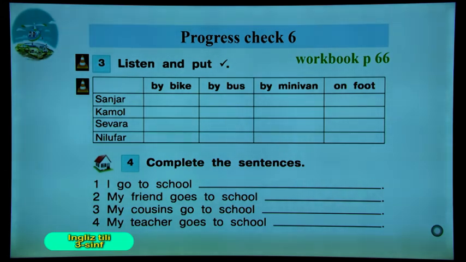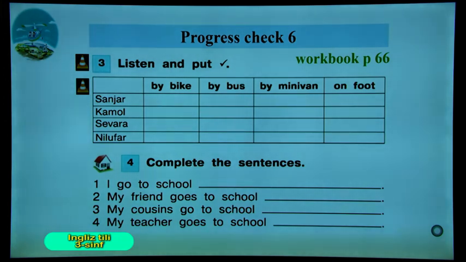Sanjar goes to school on foot. Nilufar goes to school by bike. So, do you understand? I hope you did it correctly. Great.